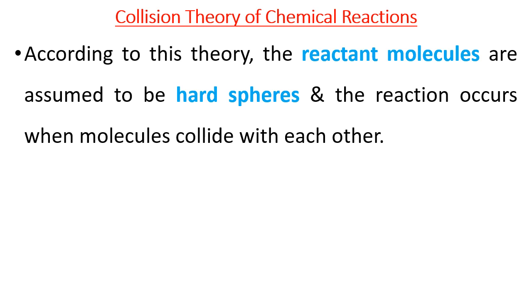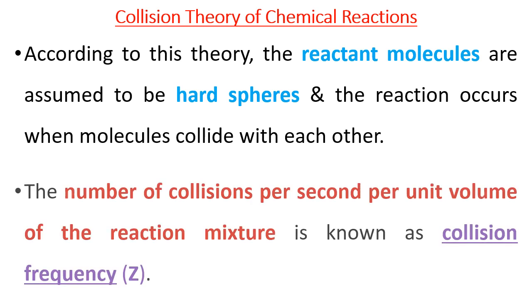According to this theory, the reactant molecules are assumed to be hard spheres, and the reaction occurs when the molecules collide with each other. The number of collisions per second per unit volume of the reaction mixture is known as collision frequency, denoted by capital Z.